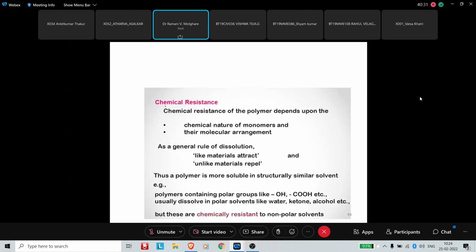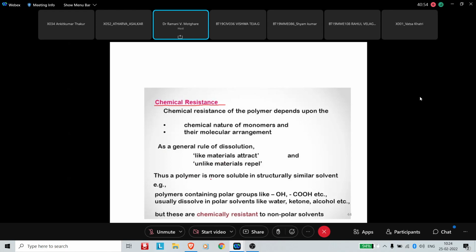Then chemical resistance. Chemical resistance of a polymer depends upon the chemical nature of the monomers and their molecular arrangement. As a general rule of dissolution, like materials attract and unlike materials repel.